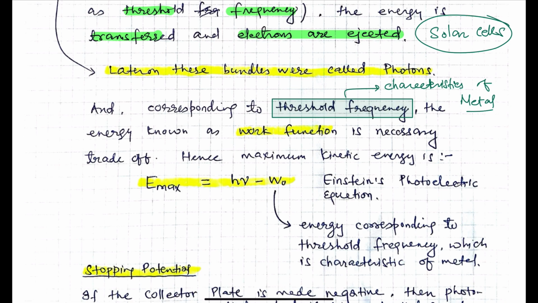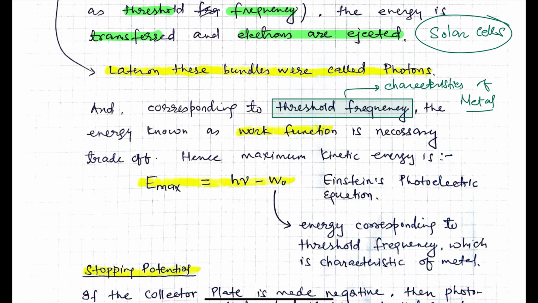Different metals need different minimum frequencies to get electrons ejected, and this is logical as well. The energy corresponding to this threshold frequency is known as the work function, a necessary trade-off: to eject the electron, you must first expend this much energy.